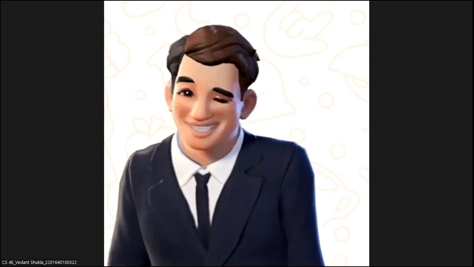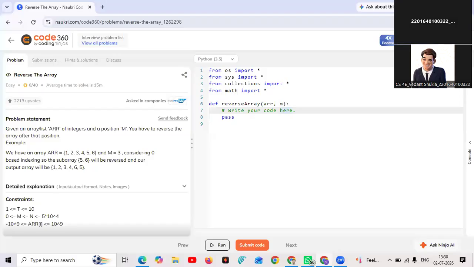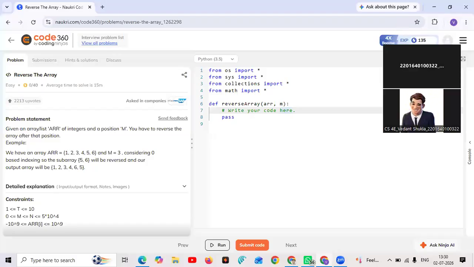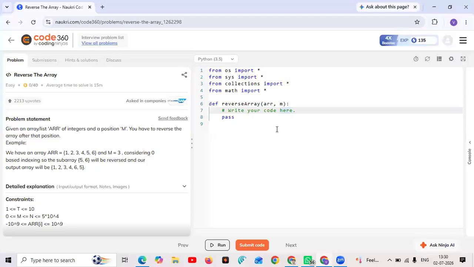I'm just doing this to make it a little interesting. So let us start with the problem. Usually, we first understand the question, what the question is saying, and then we solve the problem.